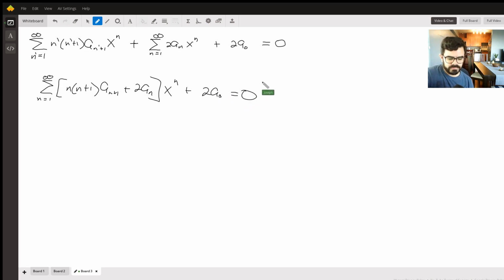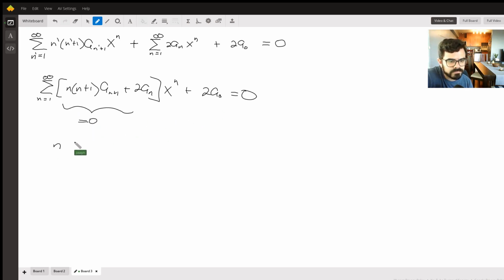Now, this term by term needs to be 0. For reasons that I'm not going to go over right now, because I want to make this short. But in essence, if you imagine this as a basis in linear algebra, they're independent, and therefore all the coefficients need to be 0. So therefore, this needs to be 0.